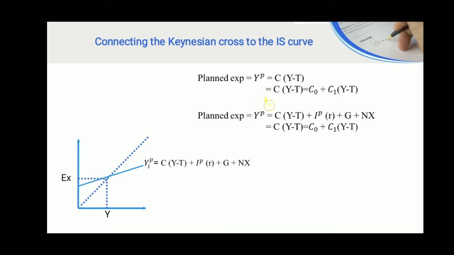Consumption is C0 plus C1 times (Y minus T). C0 is autonomous consumption, plus C1, our marginal propensity to consume, times aggregate income minus aggregate tax.